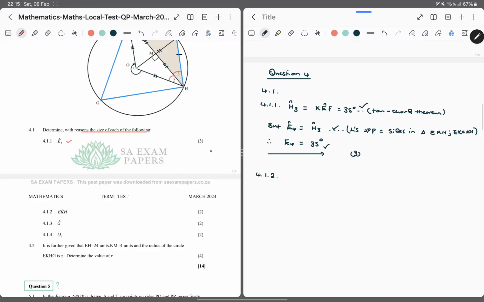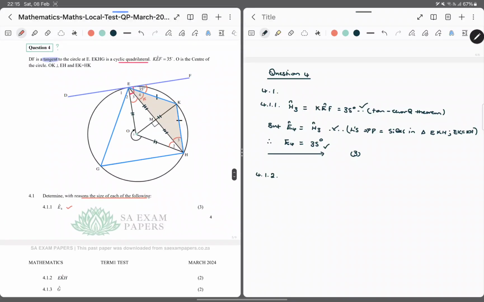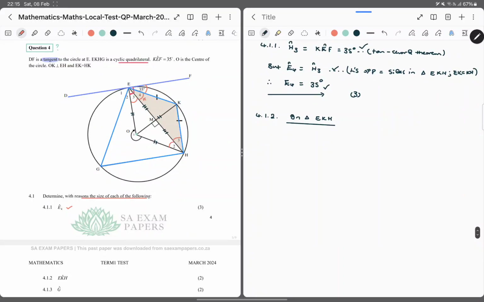4.1.2. We need to find EKH. Okay, so again we are still in this triangle, so we can say in triangle EKH, what can we say there?